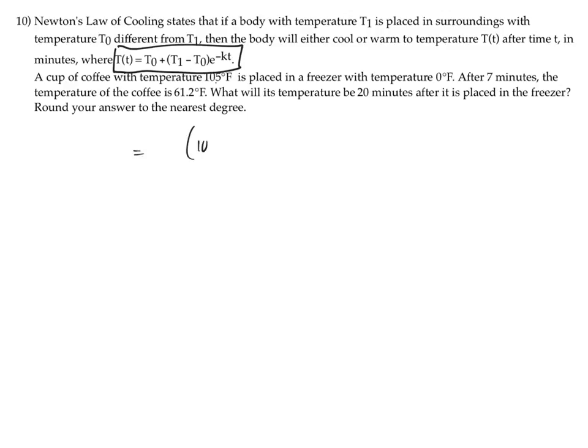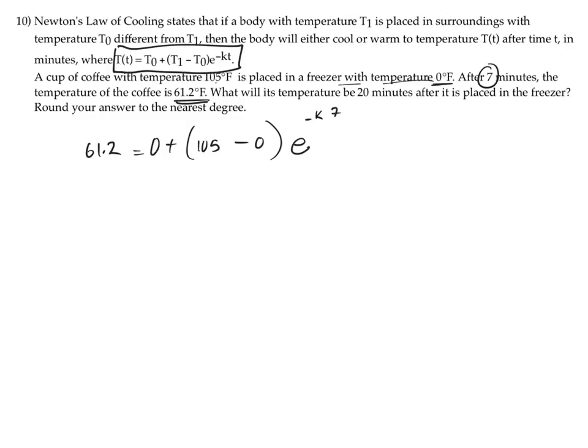So T1, I'm just going to use this formula up here. T1 is 105 minus T0 is the initial of the surrounding. So the freezer has a temperature of 0, so that's 0. Okay, so this would be 0 plus, and then e to the minus k, and it says it does that in 7 minutes, and it changes the temperature to 61.2.